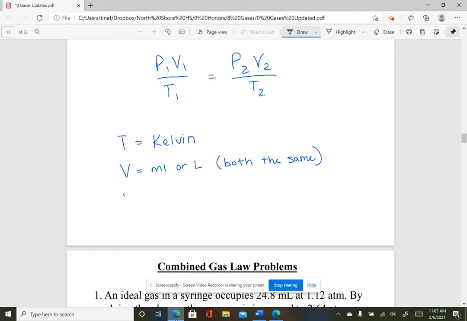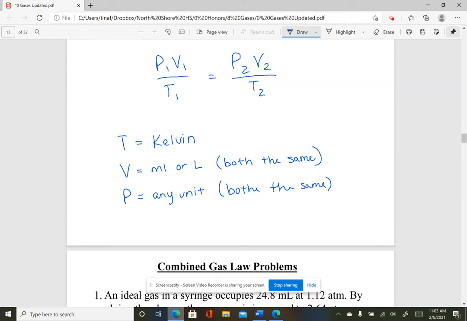For pressure, again, any unit for pressure will be okay to plug in for P as long as they're both the same, meaning P1 and P2. You can't have kilopascals on one side and ATMs on the other side. Okay?